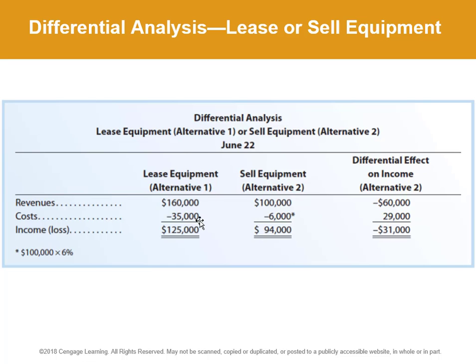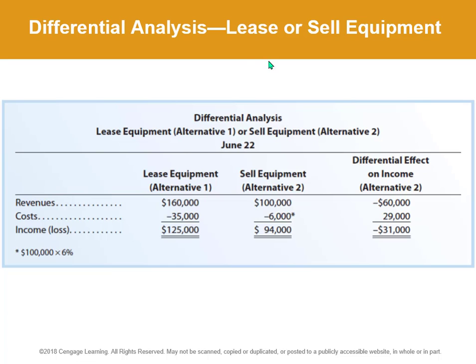They anticipate $35,000 in costs, so the income is $125,000. If they sell it, they get $100,000 today minus 6 percent, for $94,000 of net income. The differential effect on income is $31,000 in favor of leasing. I'd still be tempted to sell, but that's what it is in favor of leasing. So this is lease or sell equipment.